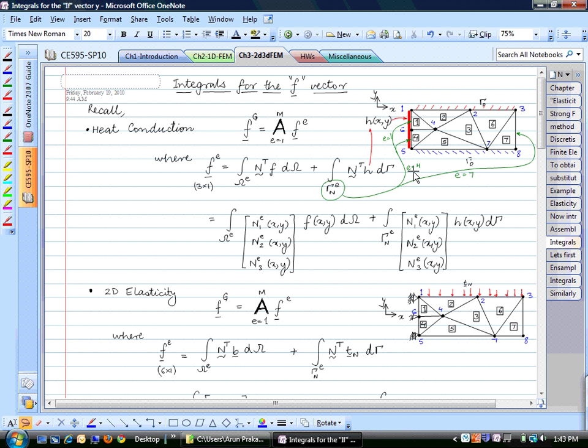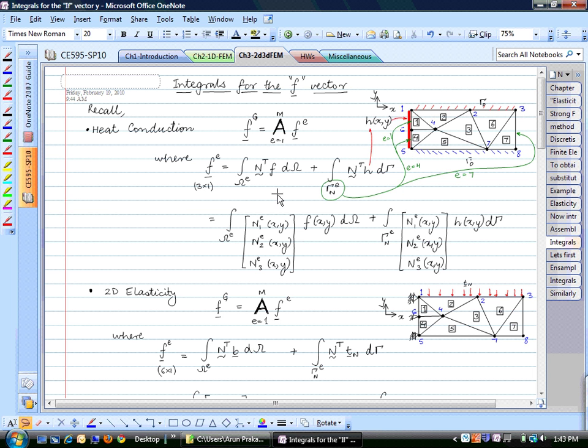So in this case, if you try to consider f element, let's say we have the same old heat conduction problem, where the top surface is at some temperature and the bottom surface is at another temperature, and you are pumping in heat through this edge, and that heat, let's say in our case, is a constant heat flux over this edge.